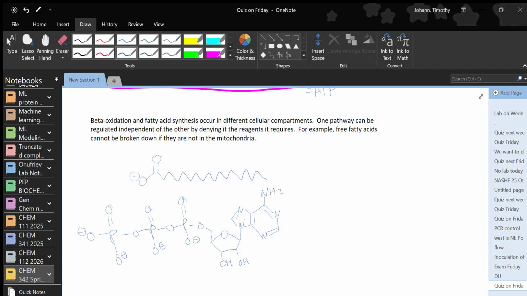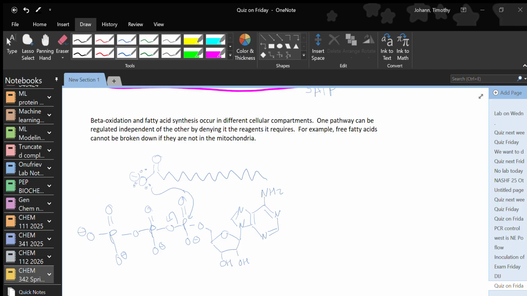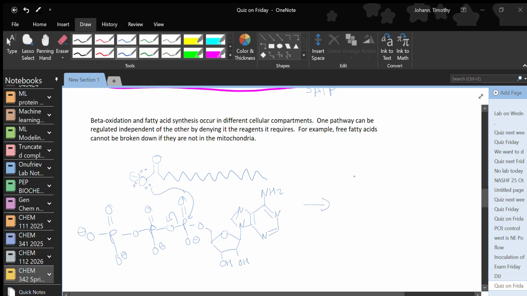So what I would do is I'd have a pair of electrons, once again stable, but it's going to happen in an enzyme, which will make this happen. I'll attack there, and then these electrons are going to pop over there. I will not draw the whole thing again. I'm going to write AMP, right? I'm going to end up with just the monophosphate attached with the tail, plus pyrophosphate. Here, I'll draw the whole structure for that.